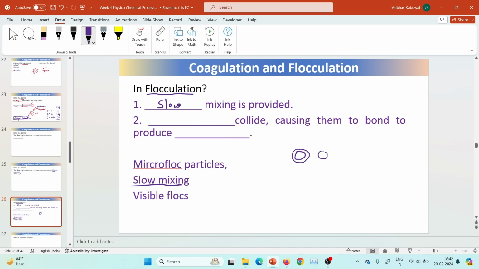Slow mixing is provided just to increase the chances of forming bigger flocs. Because now their charge is neutralized and they have a sticky layer around their surface, and if we provide slow mixing, then there is a chance to agglomerate and then settle in the sedimentation tank.